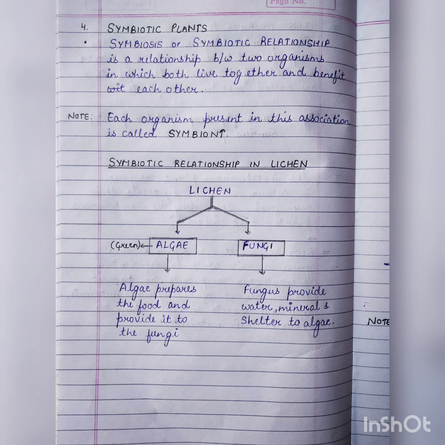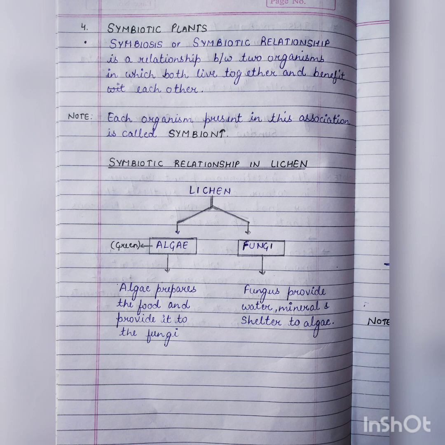Next, symbiotic plants. For this, you should know what is symbiosis or symbiotic relationship. Symbiotic relationship is a relationship between two organisms that live together and they benefit each other. And each component in this relationship is called a symbiont.